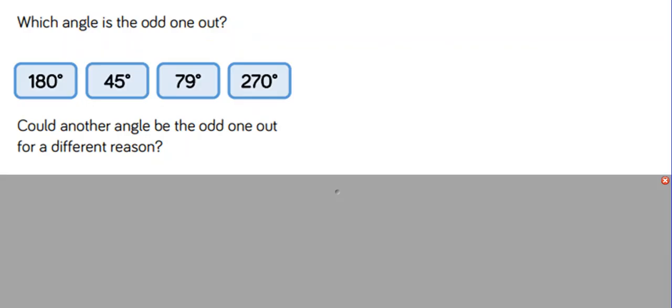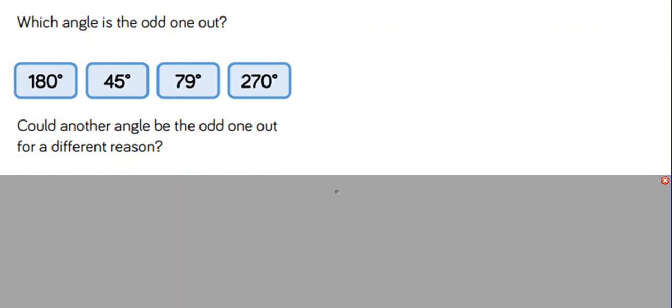Let's move on. So this is a different style of question now. We want to know which angle is the odd one out. So we've got 180 degrees, 45 degrees, 79 degrees, and 270 degrees. Okay, so which angle is the odd one out? Now, I think it wants you to put a reason really.